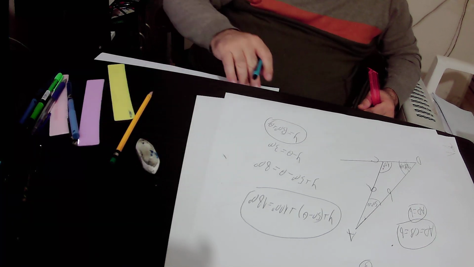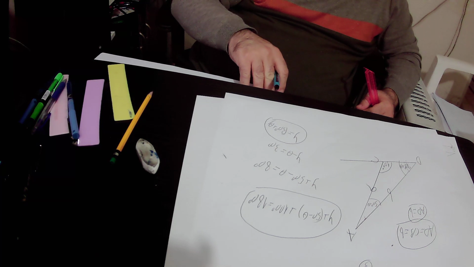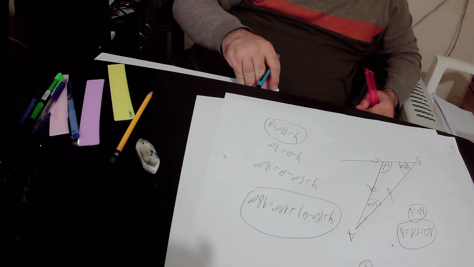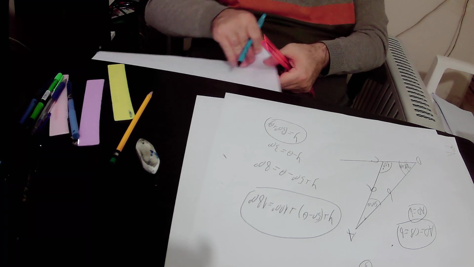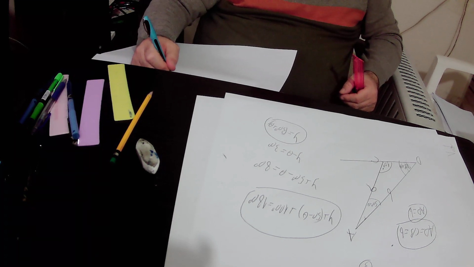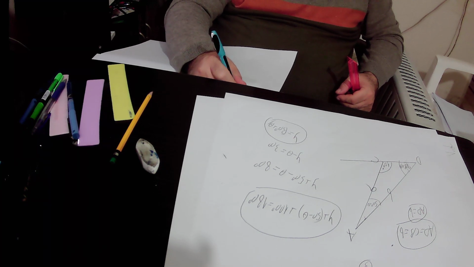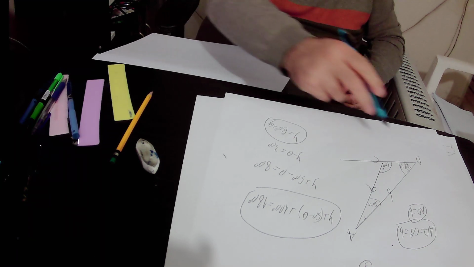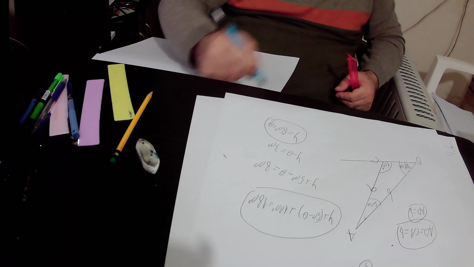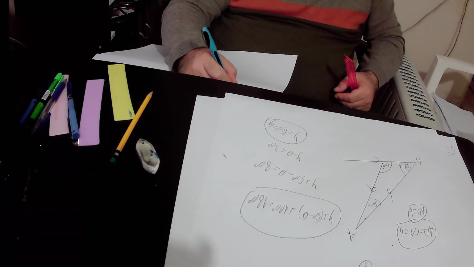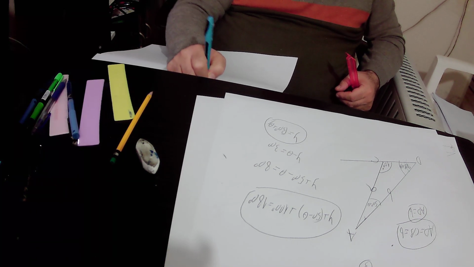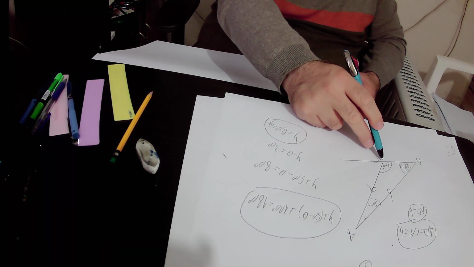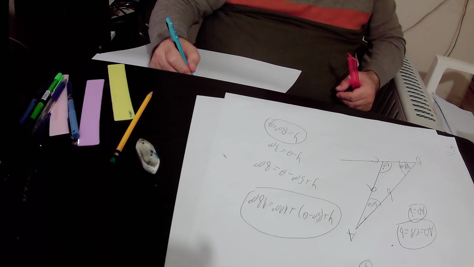According to the law of sines, we will get that A over sine 30 degrees plus theta must be equal to B over sine 100 degrees.